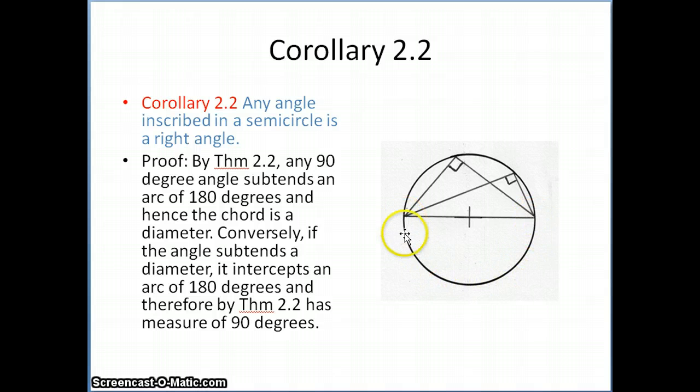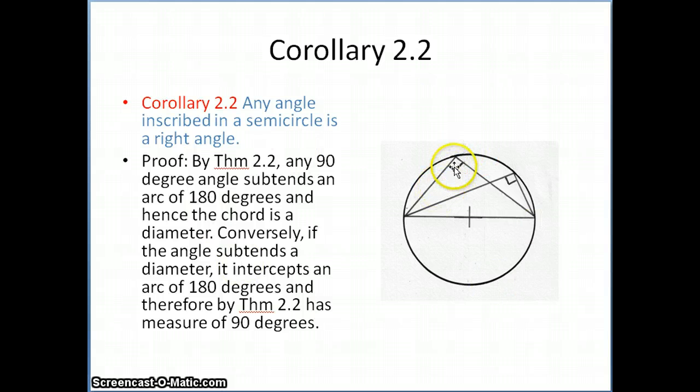This arc must be 180 degrees. Then this central angle has to be a straight line, 180 degrees. And because a central angle always goes through the center, and it's also straight, that must be the diameter. So we proved this case.